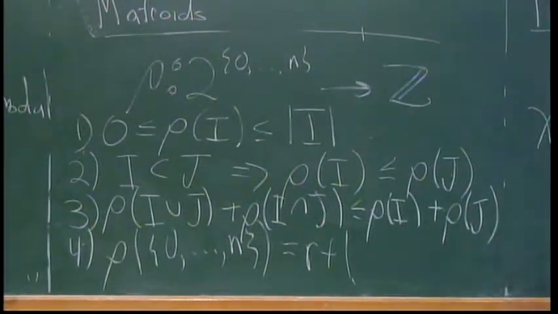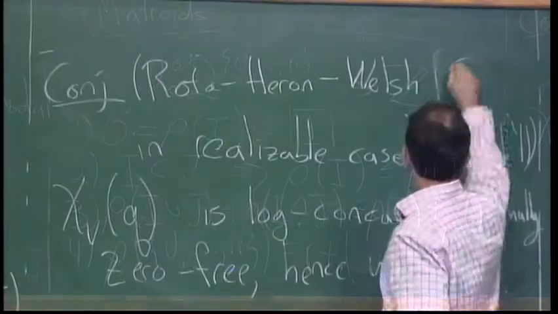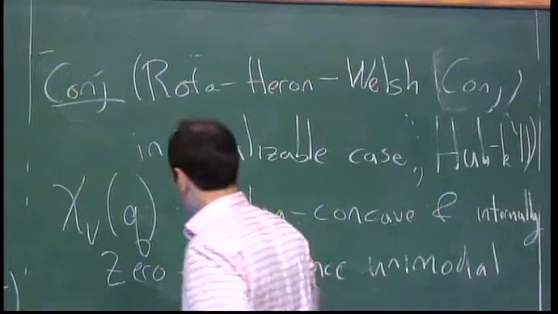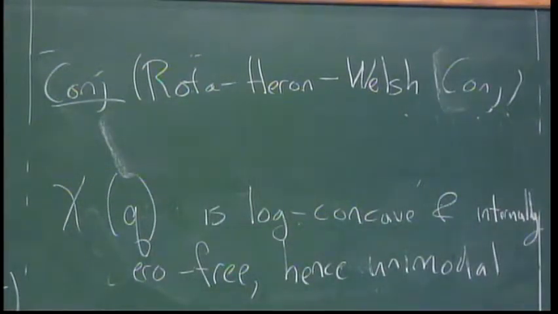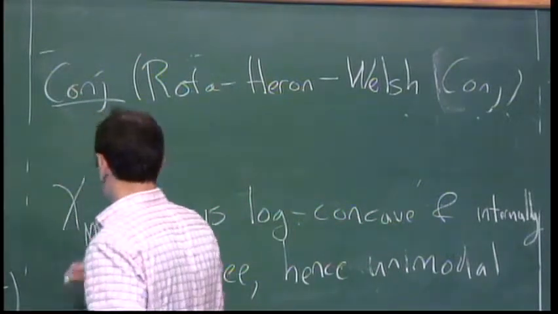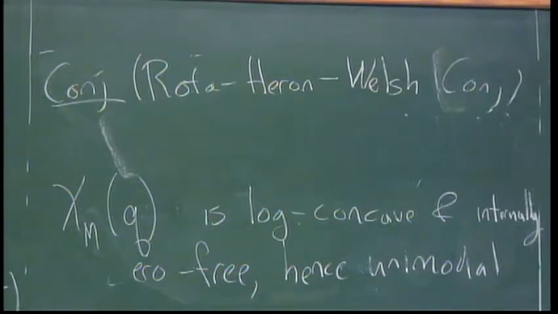OK, and now I'm going to state the full-blown Rota-Heron-Welsh conjecture. So I can define the characteristic polynomial purely combinatorially using a technique called Mobius inversion. So I can talk about the characteristic polynomial of a matroid, and the conjecture is that it's log concave and internally zero free.